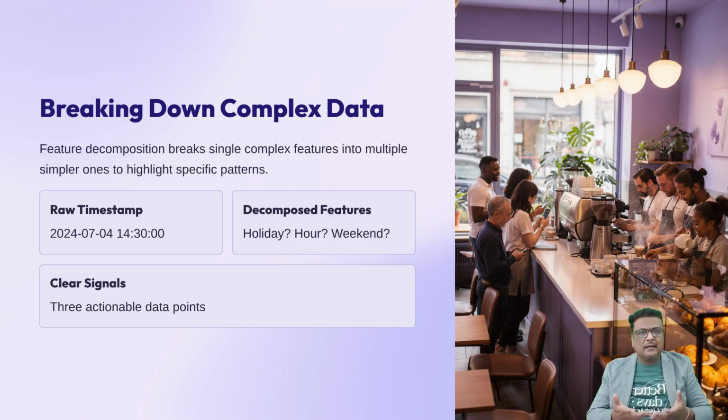No. Now, instead of one confusing date, the AI has three very clear signals. I remember a project for a coffee shop chain where hour of the day was the single most important feature for predicting staffing needs. The raw date was useless until we broke it down and showed the AI the morning rush.